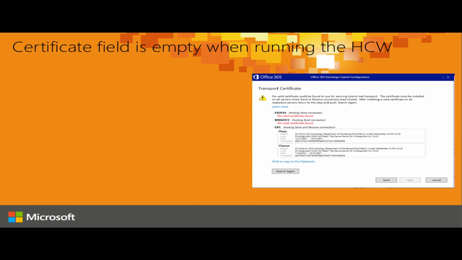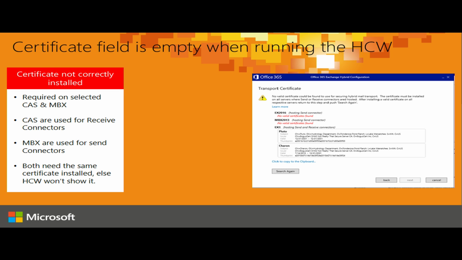So some troubleshooting tips here for the certificate, because this is where we see a lot of issues with our hybrid deployments. When you see a blank screen there in that previous page or on this page, it's maybe because you have a different certificate installed on your mailbox server and client access server. It has to be the exact same certificate for it to work. Take note that mailbox server is for the send connector, client access server is for the receive connector.